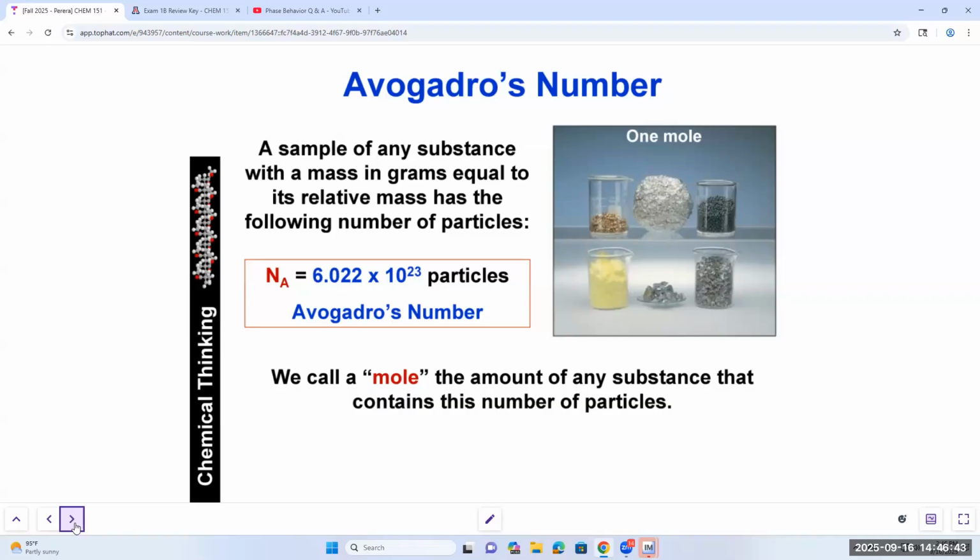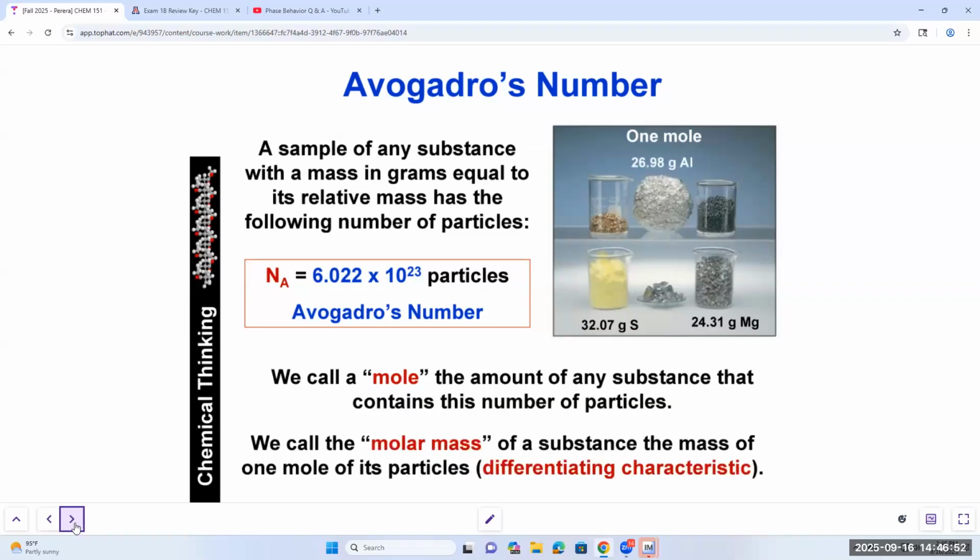Yes, sir. Molar mass. Yeah, that's called molar mass. So we went through the idea of Avogadro's number, and Avogadro's number of particles is 1 mole, and the mass of 1 mole is the molar mass. Okay, so now let's do this.